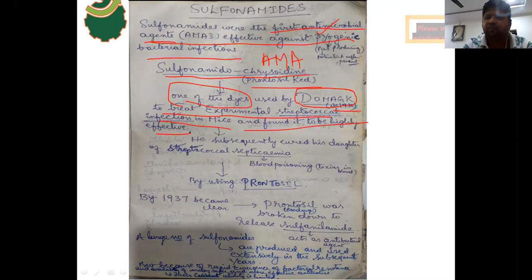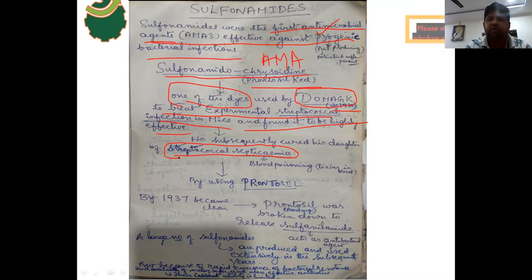The reason he tested it on streptococcal infection is that his daughter was suffering from a dangerous and dreadful disease, streptococcal septicemia. Septicemia means blood poisoning. Streptococcal bacteria release certain toxins in the blood, and that results in blood poisoning.